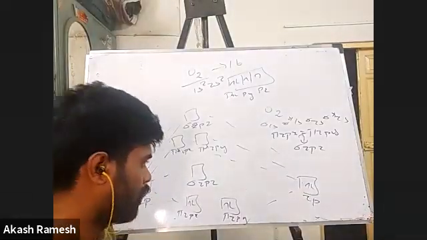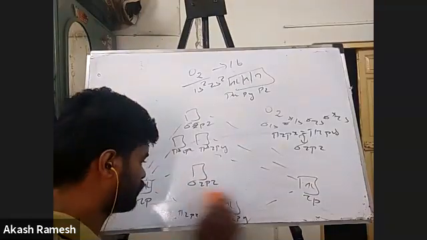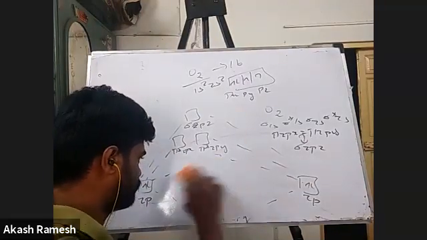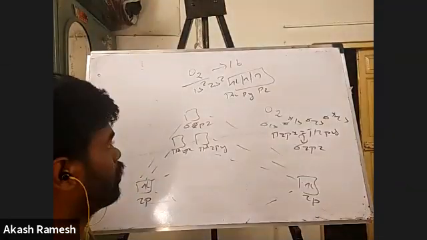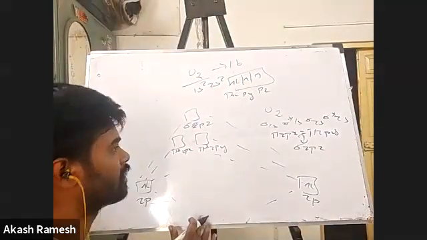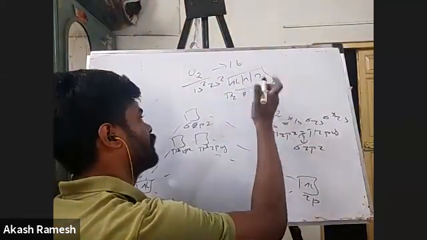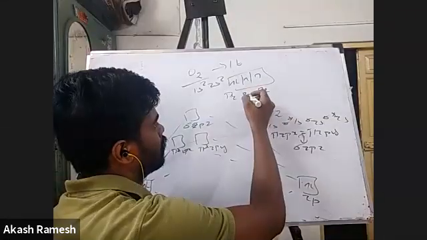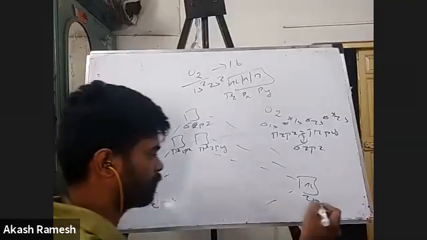Okay, cool. So first we'll change this. Let me put it as pz only. But guys, you don't have to worry what I'm doing here. So this is my 2pz first.